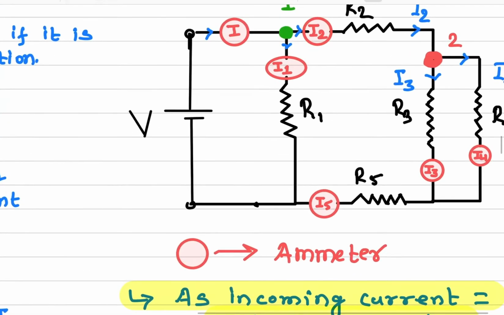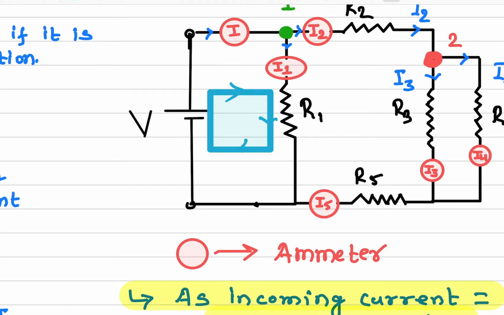Okay, so now let me give you a little bit of a hint here. Let's consider one loop here. First thing you have to do is choose a loop direction. Let's say I'm just choosing this as my loop direction. Now look at the battery here.